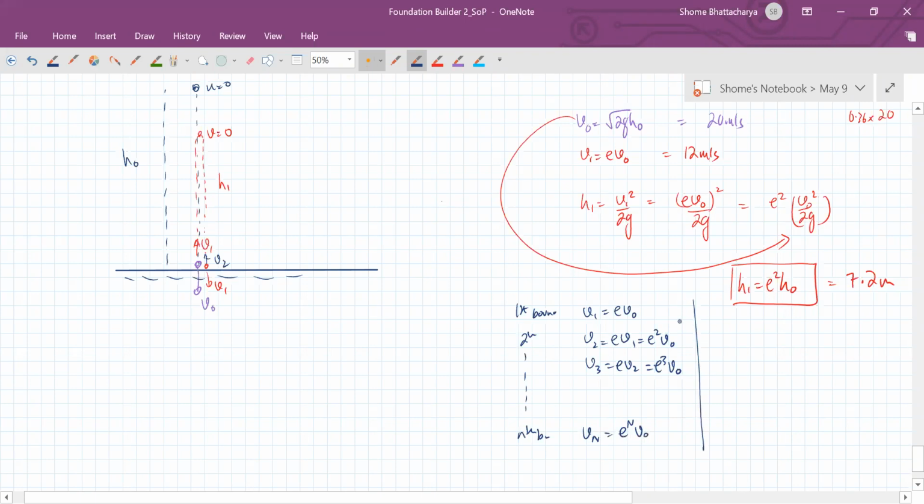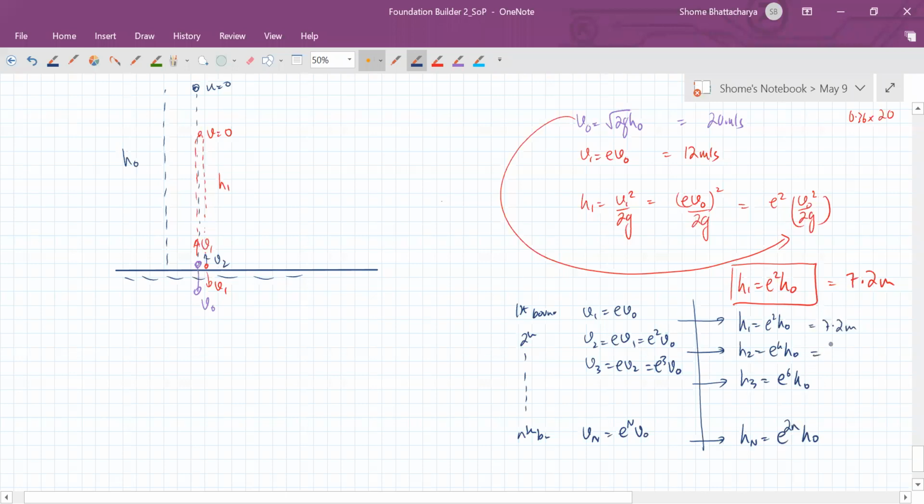Okay. And like that, between the first and second bounce, the maximum height is e square times h naught. Between the second and third, the maximum height will be e to the power 4 h naught. Between the third and fourth, it will be e to the power 6 times h naught. And like that, after the nth bounce, maximum height will be e to the power 2n times h naught.